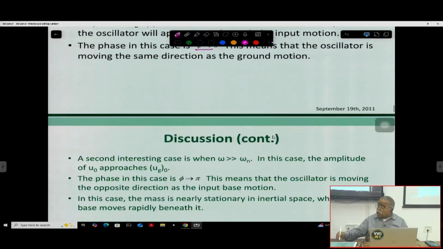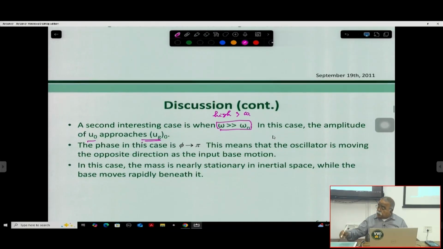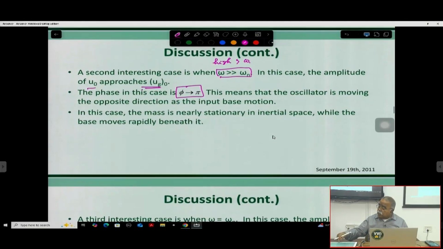If omega is very, very greater than omega n, that means the ground motion is a very high frequency, and the building resists. So U0 approaches UG0, so the phi is equal to pi.